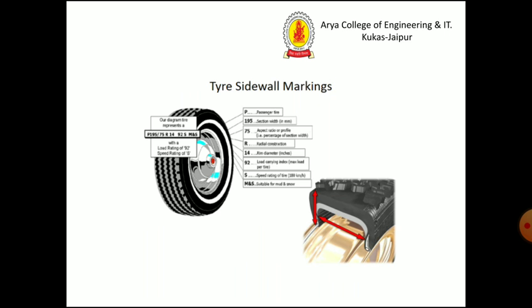It denotes that P is for passenger tires, 195 is the section width, 75 is the aspect ratio or profile, R is the radial construction, 14 means rim diameter, 92 denotes the load carrying index, S denotes the speed rating of the tire, and M+S denotes the tire is suitable for mud and snow areas.